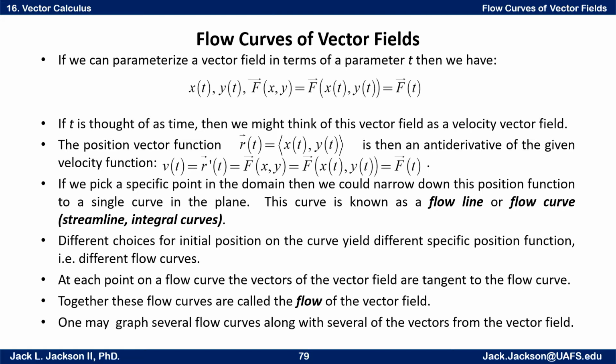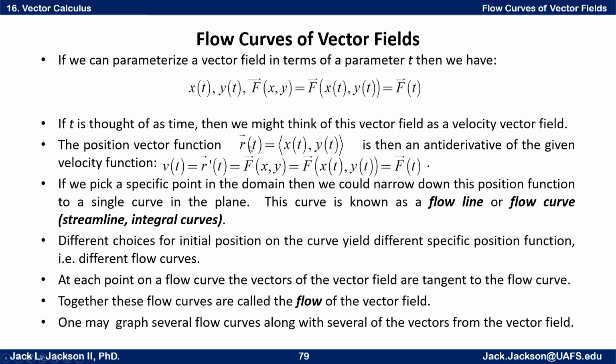So different choices for initial position on the curve yield different specific flow curves, okay, and with specific position functions. And if you think about it, that's because you're given this function here, this f to begin with, which in other words you're given v, or r prime.